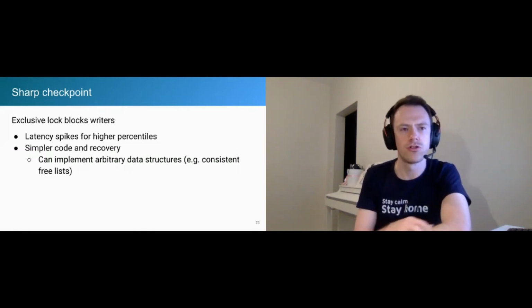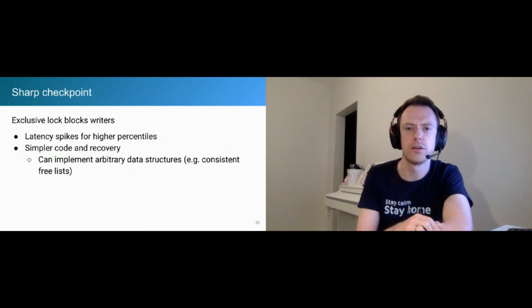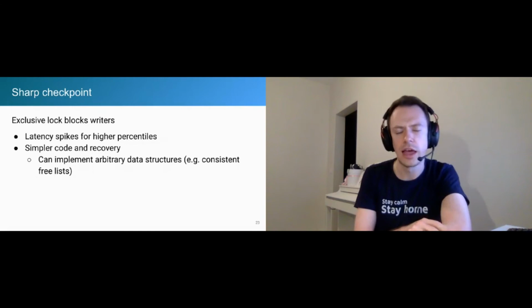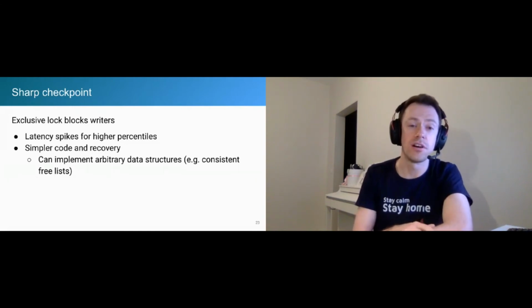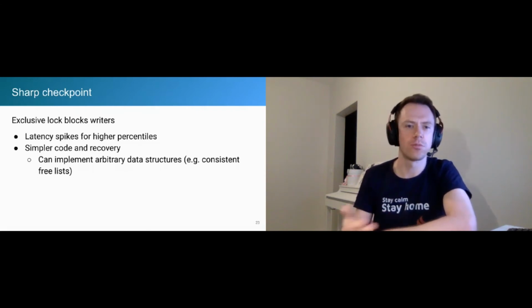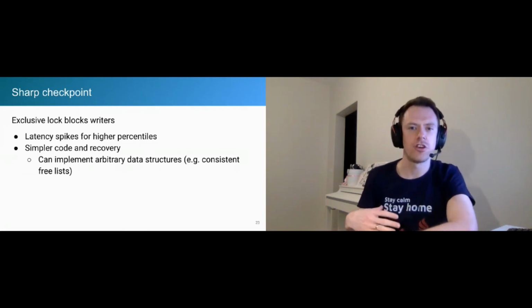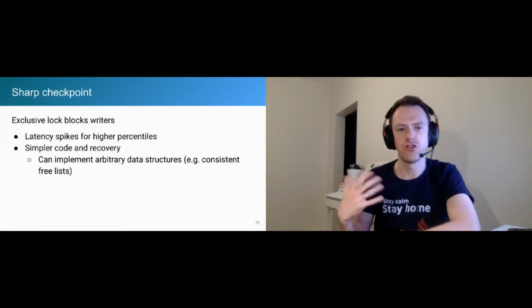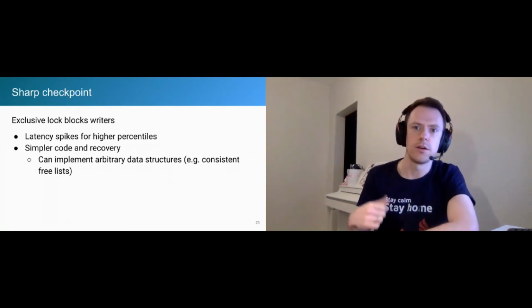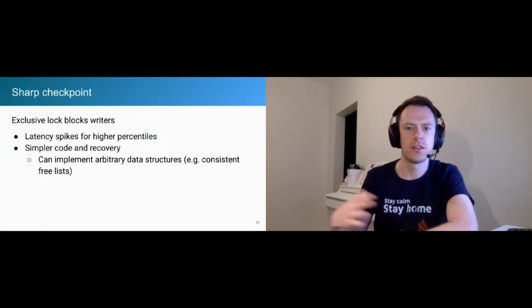An alternative approach is called fuzzy checkpoint, but this approach is much harder from the implementation standpoint, and it also limits the number of data structures that can be implemented, because when you switch to fuzzy checkpoint, the data structure itself needs to be written in such a way that it is recoverable. When the sharp checkpoint is used, the data structure can be of arbitrary complexity, and it still can be fairly easily checkpointed.